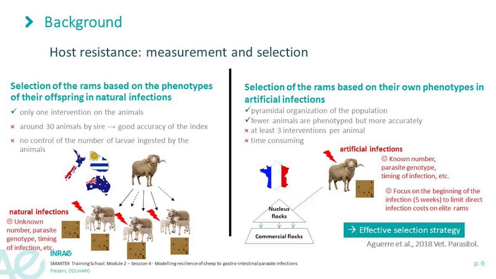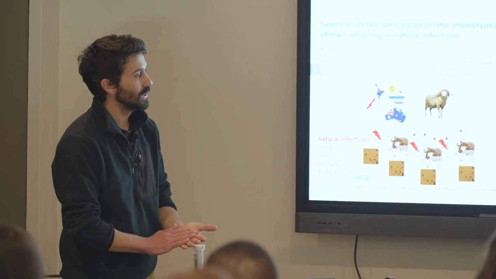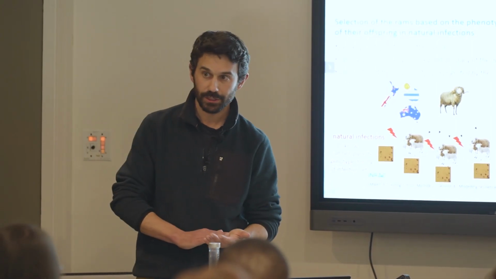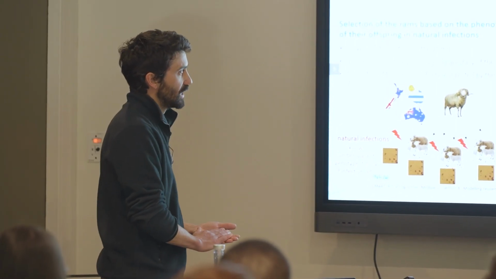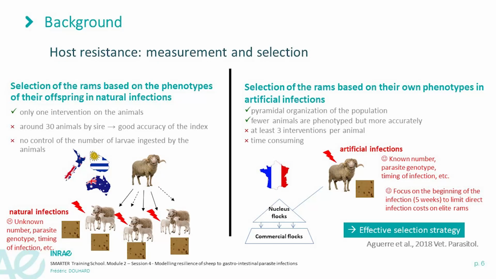So another way is to use artificial infections. With this way, you will measure fecal egg count directly on the elite ram. So what we do is that we prepare doses of specific species of parasites, so for instance, Haemonchus, and we know the number of parasites that we will give to the host.